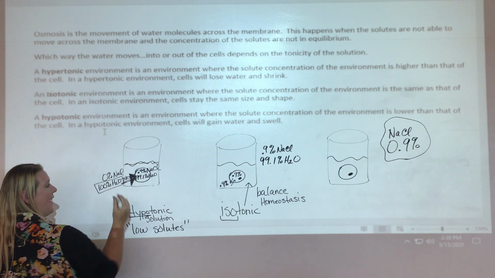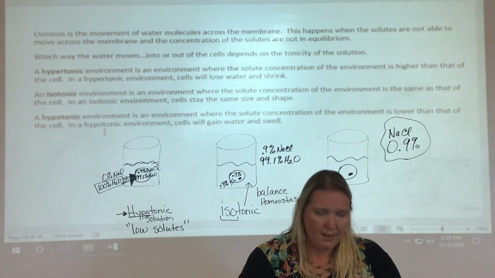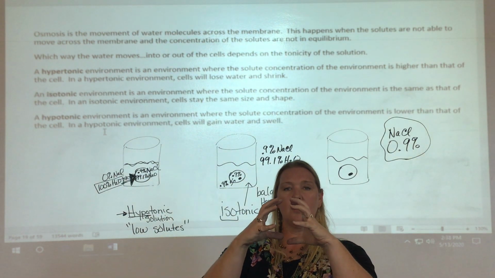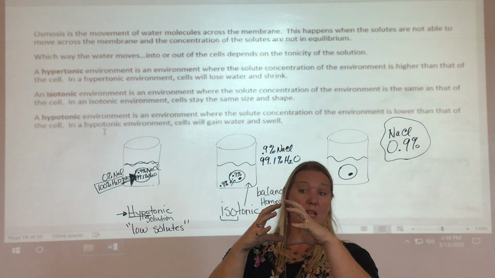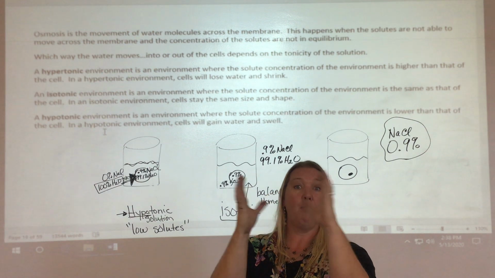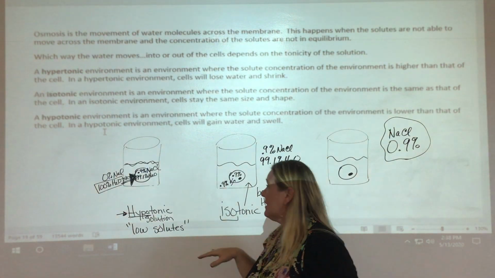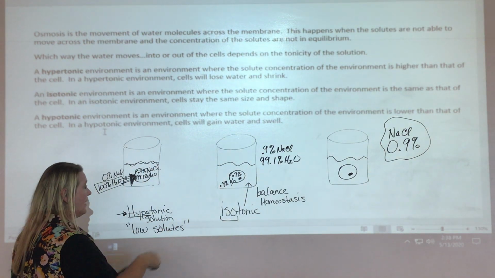And so that cell is going to take on water. It's going to take on water, and that cell is going to continue to go, and then it will bust. This is a trick that one of my students came up with. Hypo will bust. If it's an animal cell, and that's the first one that we're going to see. But it helps to remember even for the plant cell, and I'll show you that trick in a second.